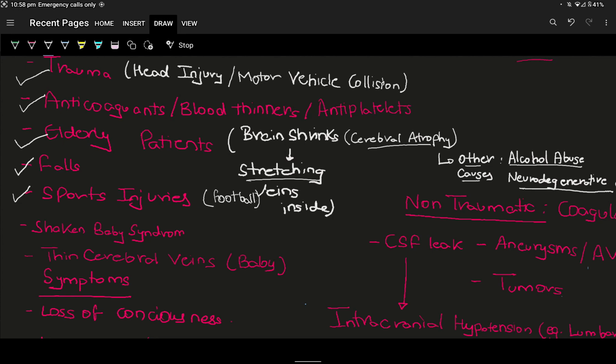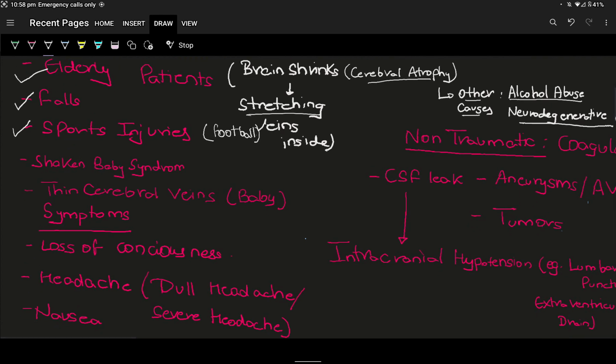In acute cases, we usually have headache as the most common symptom, along with other symptoms which we will see. In the pediatric population, in traumatic cases, we can have shaken baby syndrome as a cause.